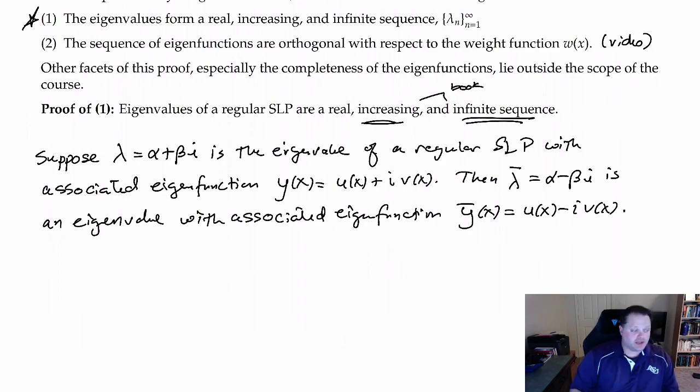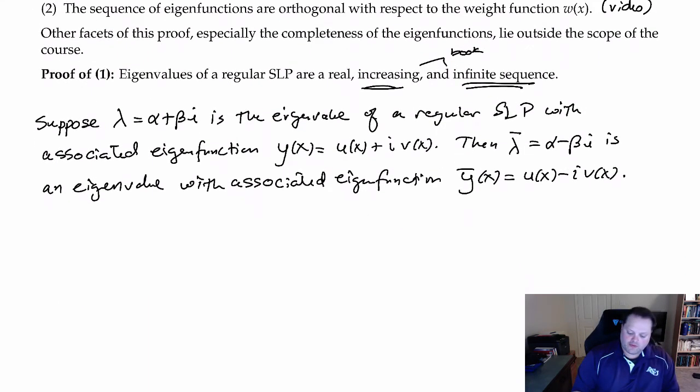Now, what's interesting here is that if they're an eigenvalue and eigenfunction, then that tells me that Sy equals minus lambda y. That's what it means to solve an eigenvalue problem. It solves the Sy plus lambda y equal to 0 problem, the regular SLP problem we were looking at earlier.